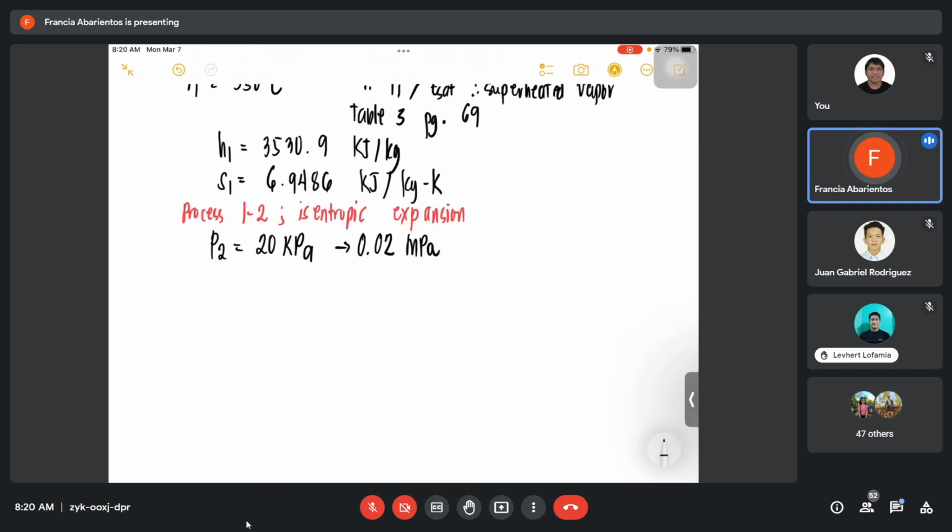So we have now 0.02 MPa. Anong table? Punta ka ulit sa table. Table what? Table 2. Okay. Table 2, 0.02.